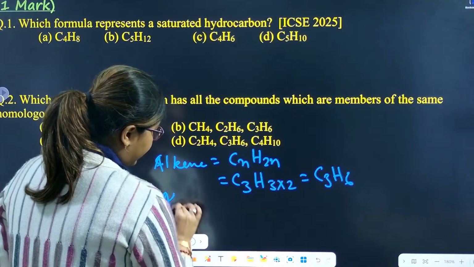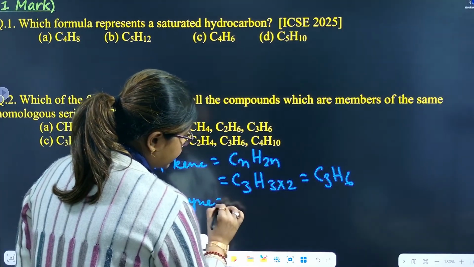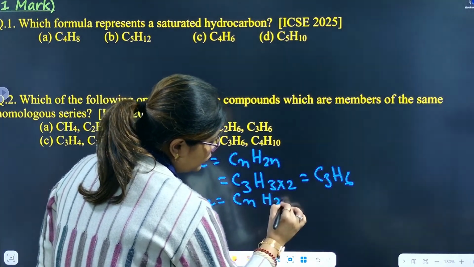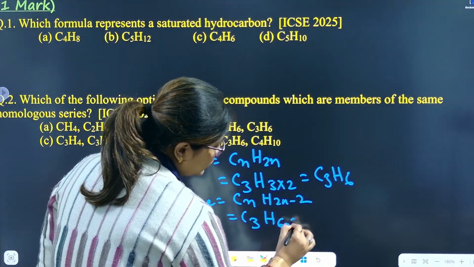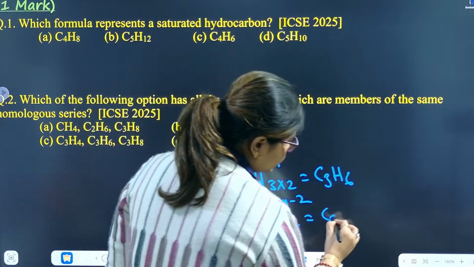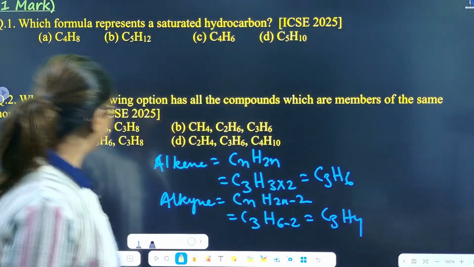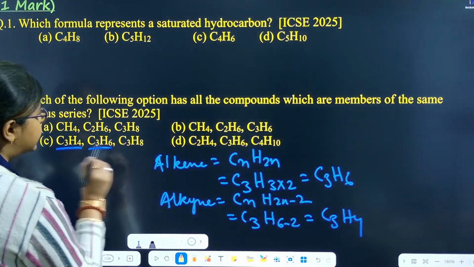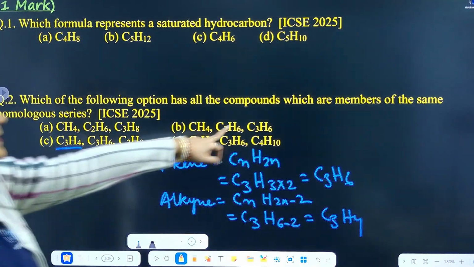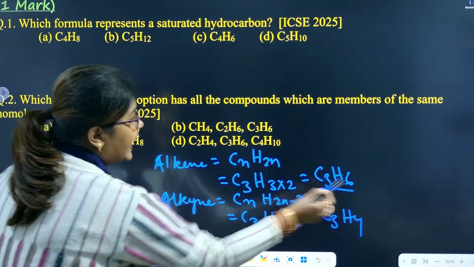Had it been an alkyne, would it fit in the same series? Let's see. CnH2n minus 2, that means C3H6 minus 2, that means C3H4. This is an alkyne. Next is C3H6. C3H6 is what? It is an alkene.